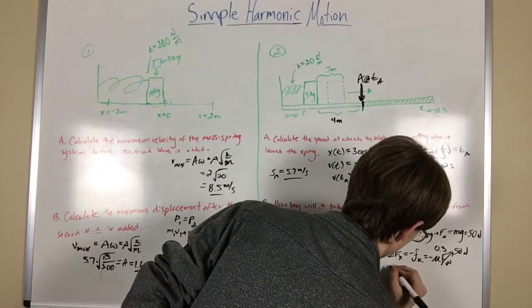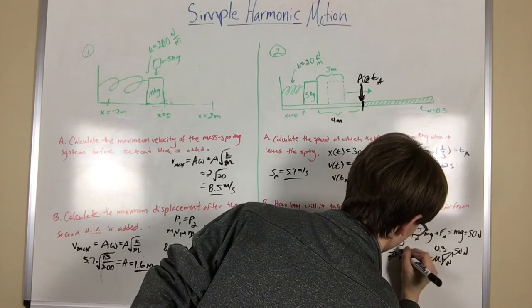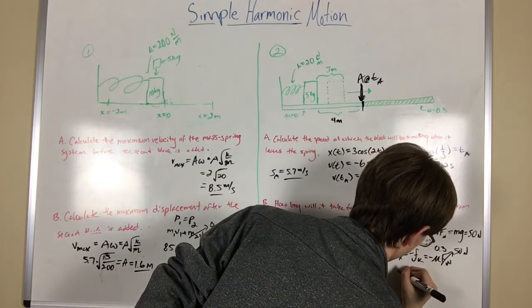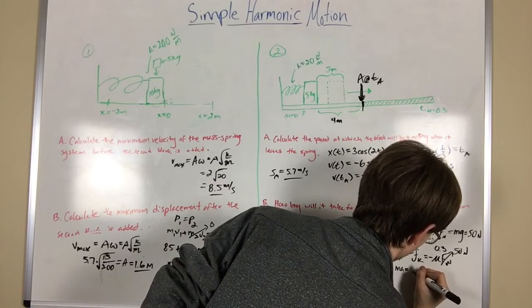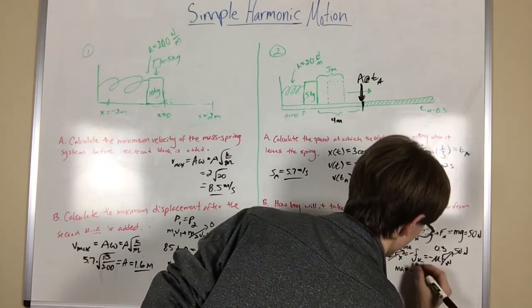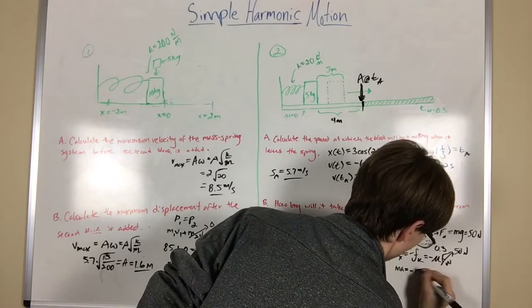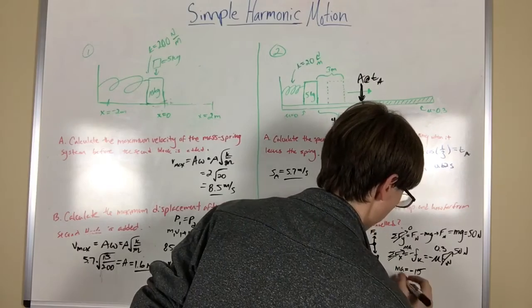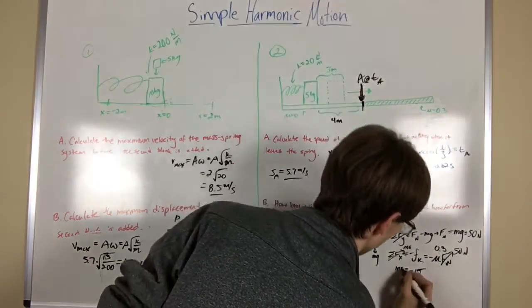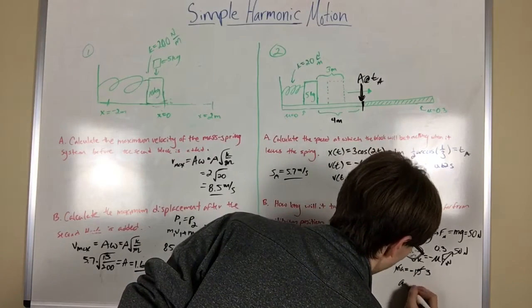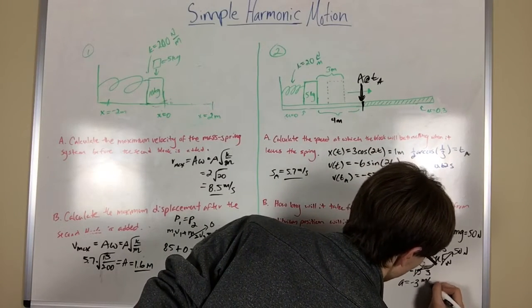So that means that this, which is also just ma, so ma is equal to negative 0.3 times 50, which is negative 15. Then we divide by the mass, which is 5, so this is going to be 3. And so a is equal to negative 3 meters per second squared.